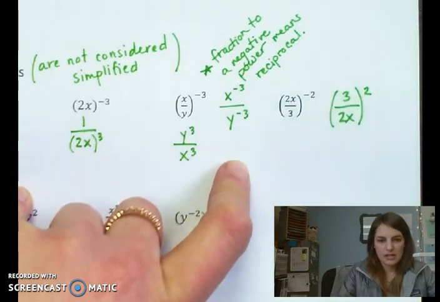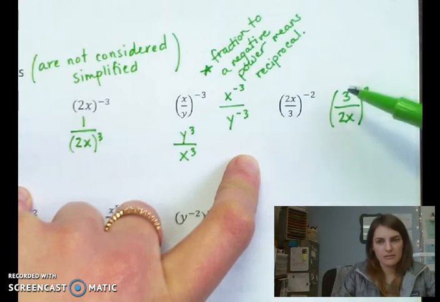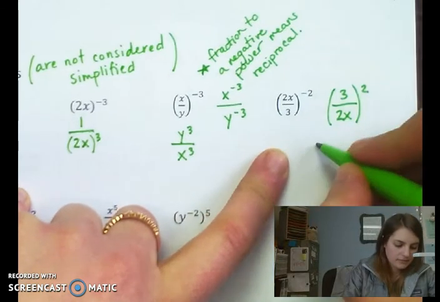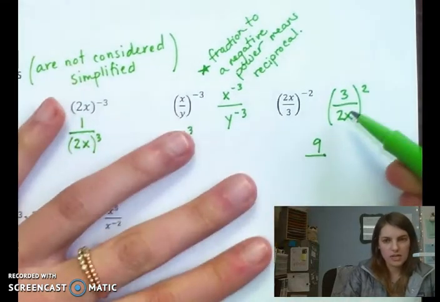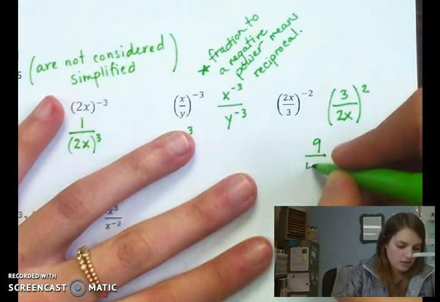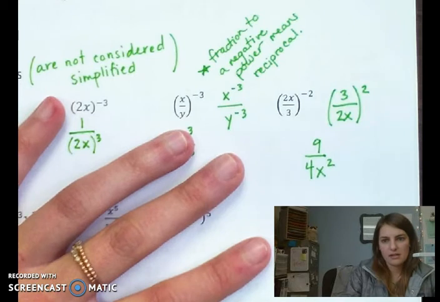But I still need to square the top and the bottom. So 3 squared is 9, and 2x squared, well, 2 times 2 is 4, and x times x is x squared. So that's 9 over 4x squared.